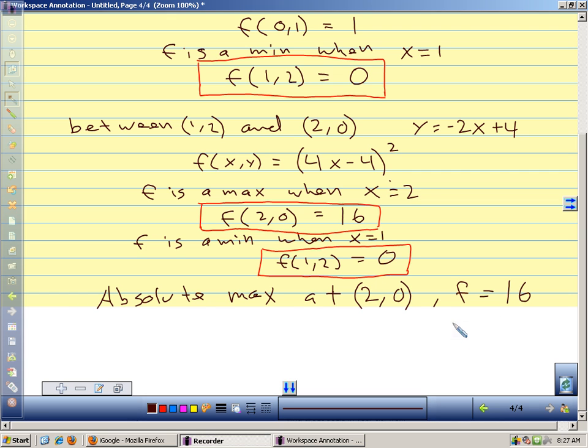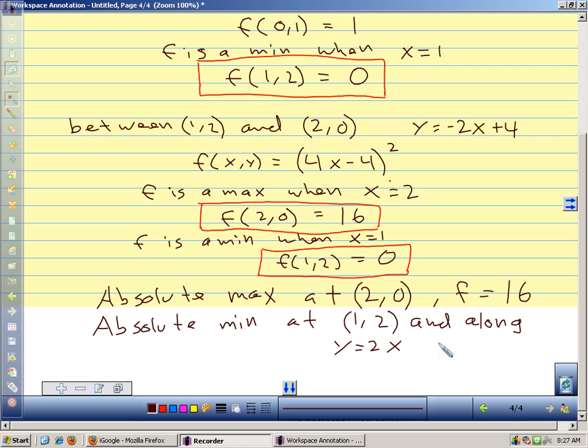So our maximum value is 16. The absolute minimum is at (1, 2) and along the line y equals 2x, and f equals 0.